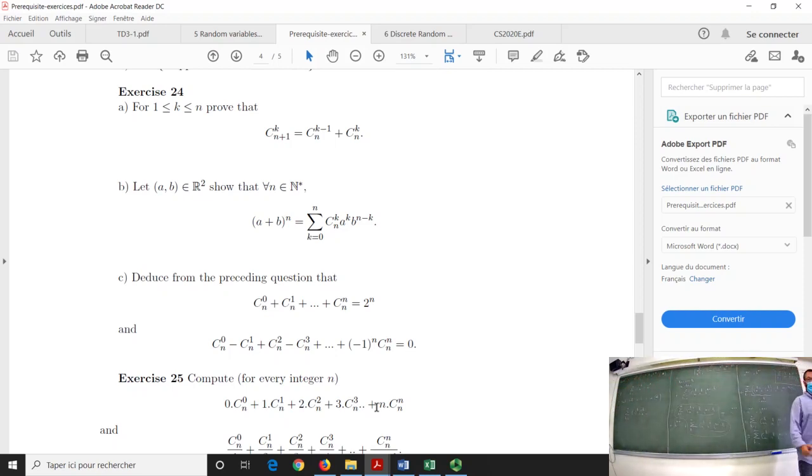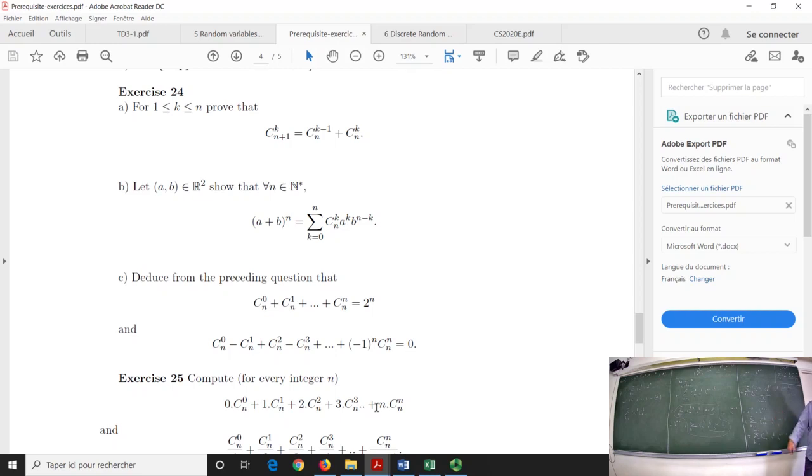For k equal to 0, I have C(n,0). For k equal to 1, I have minus C(n,1), and so on. And my question is once again, I'll recover this sum from this one.